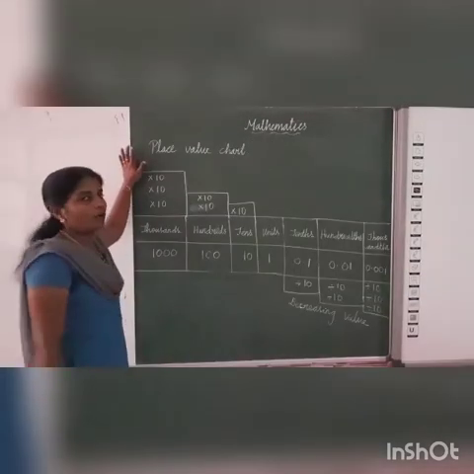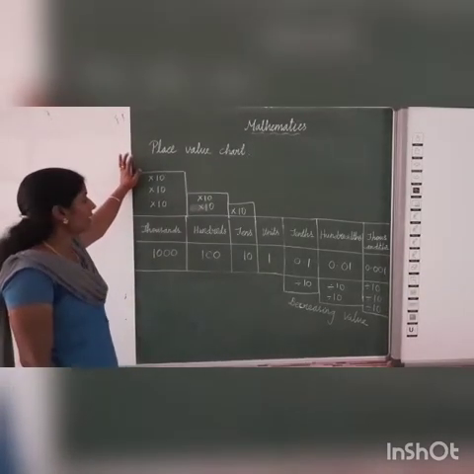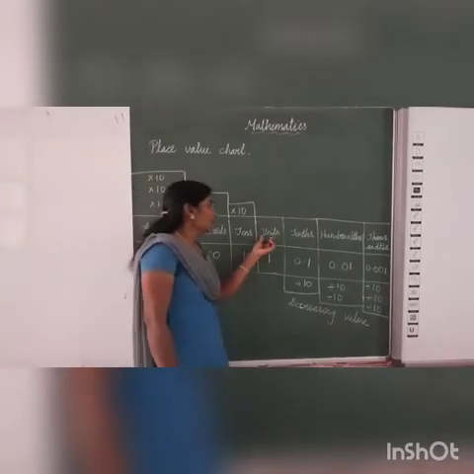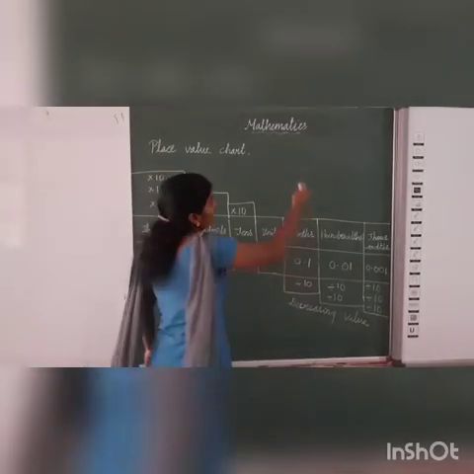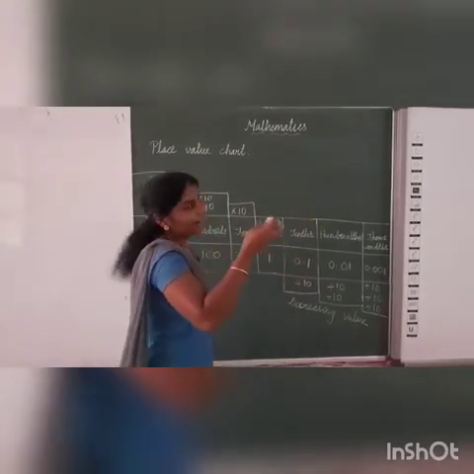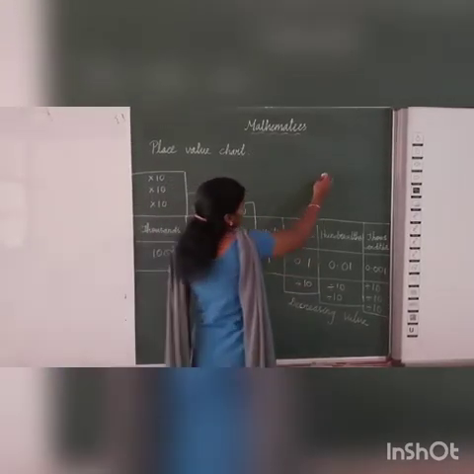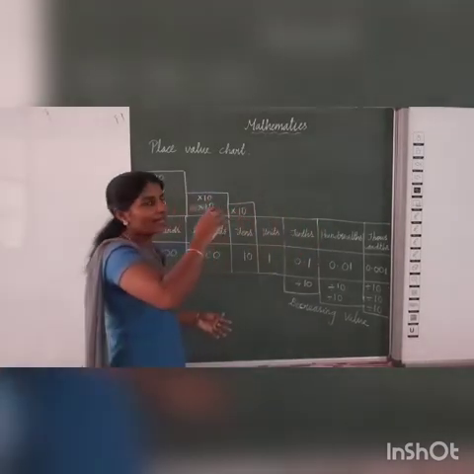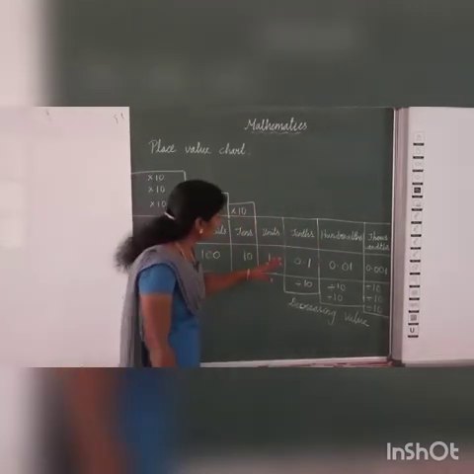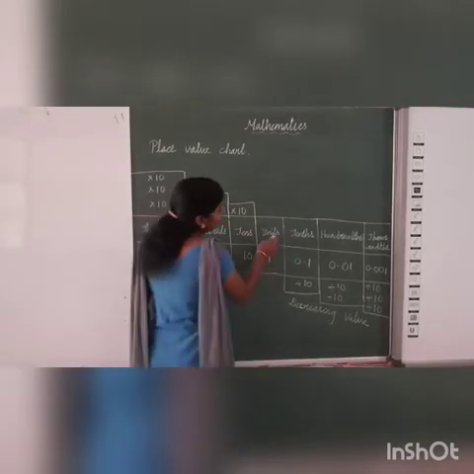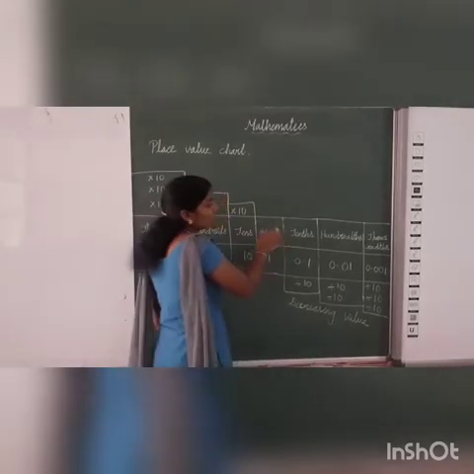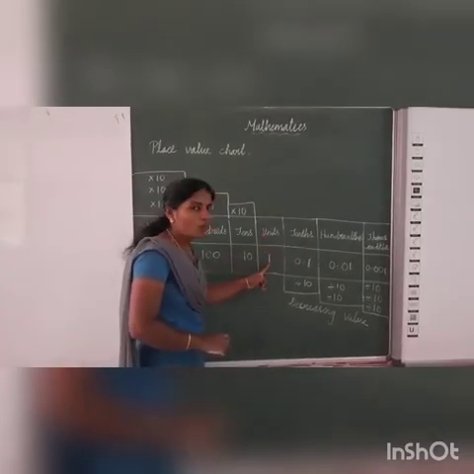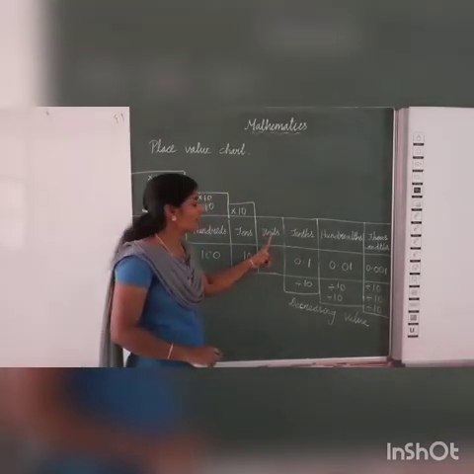Clear? Now the place value chart. Listen here. This is the place value chart for the Indian and international systems, that is ones, tens, 100, 1000 like this. Here we have the unit place, that is ones place, 1.